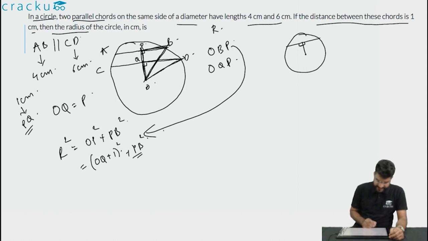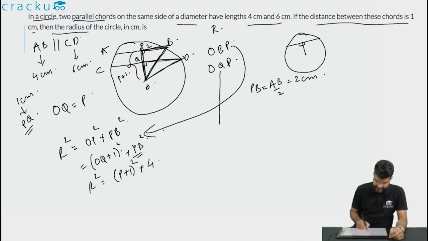Now we know that PB is equal to half of AB. So the length of PB is 2 centimeters, and the length of OP is equal to p plus 1. Therefore R square is equal to (p plus 1) whole square plus PB square, that is 4.